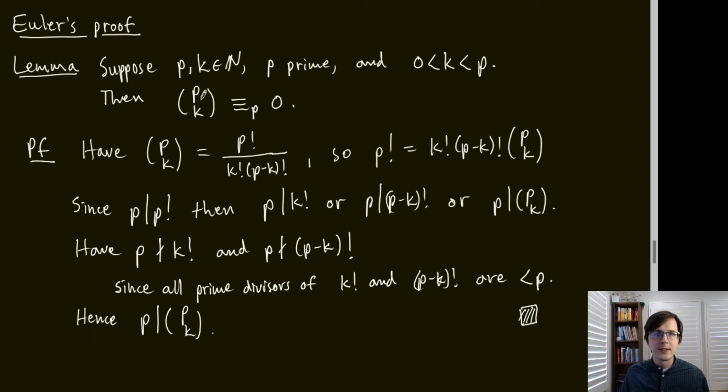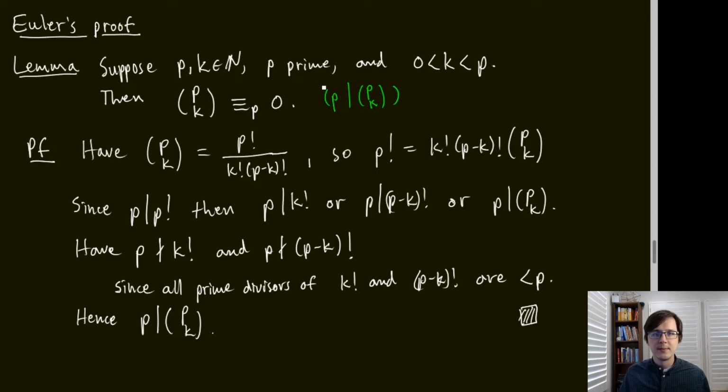This is also one of the reasons I had the binomial coefficient on the first homework. If p is a prime and k is a number strictly between 0 and p, then the conclusion is that p choose k is congruent to 0 mod p, or in other words, that p divides this binomial coefficient.